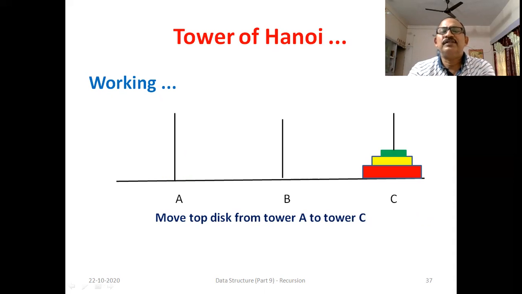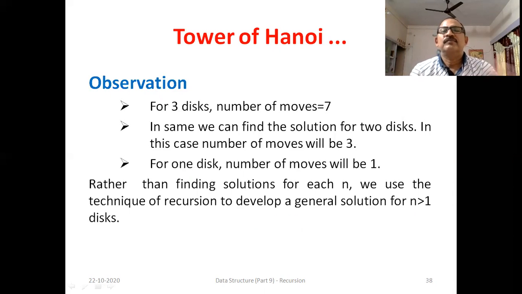So to move 3 discs from tower A to tower C, the total moves required are 7. Okay. In the same way, we can also find the solution for 2 discs. In this case, the number of moves will be 3. For 1 disc, the number of moves will be 1.